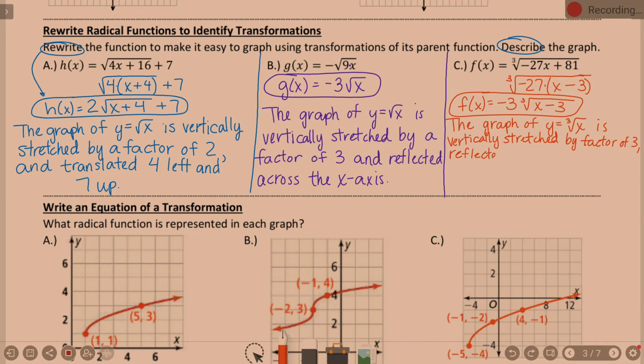Reflected across the x-axis. And translated right 3. Okay, make sure you have all the pieces there. Looks like a decent amount of you were already ahead of me, so that's good.